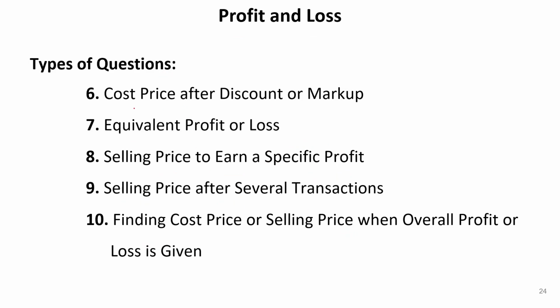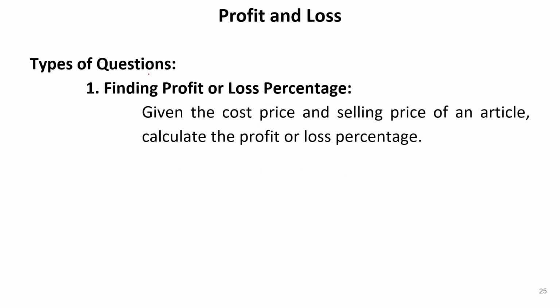Okay, so the sixth type is on cost price or discount or markup, and the seventh is on equivalent profit or loss. So selling price to earn a specific profit. This is the eighth kind of question. So the ninth kind of question is on selling price after several transactions. Okay, and the 10th kind is on finding cost price or selling price when overall profit or loss is given to us.